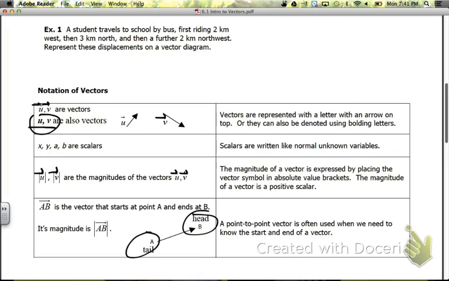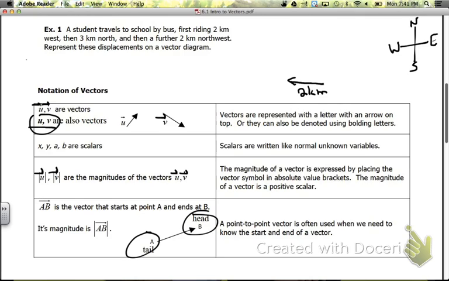I'm hoping by now that you've been able to tackle example 1, but let's look at this. When the student travels to school by bus, he first rides 2 kilometers west. Just by knowing your north, east, south, and west, their starting position is as such, and it heads west 2 kilometers. So we have our tail here, which is our beginning, and then an arrow pointing to where our head is.